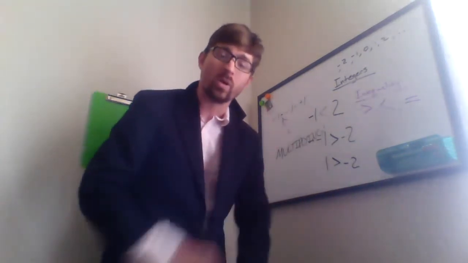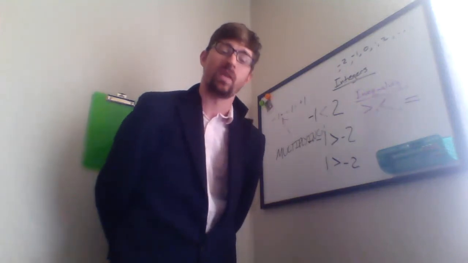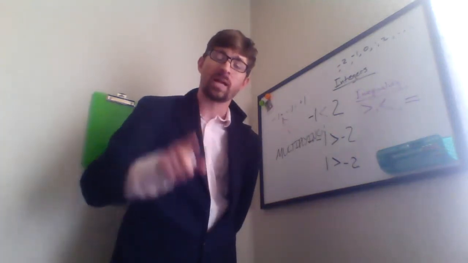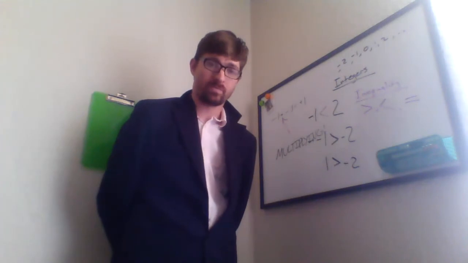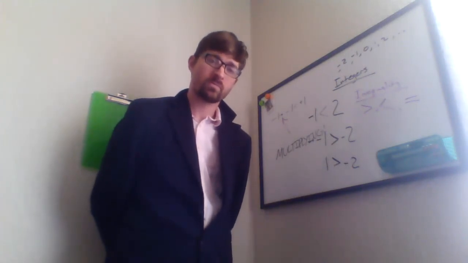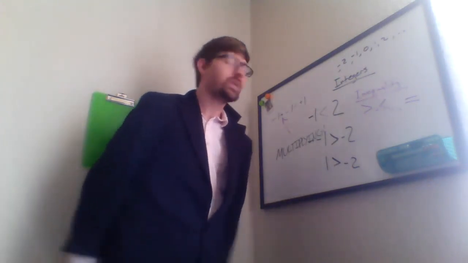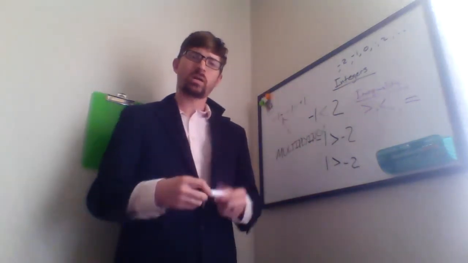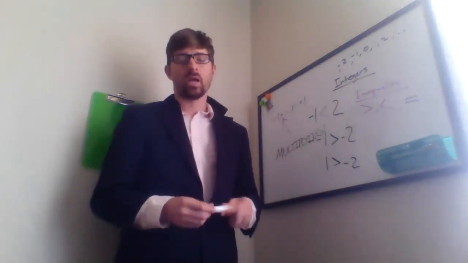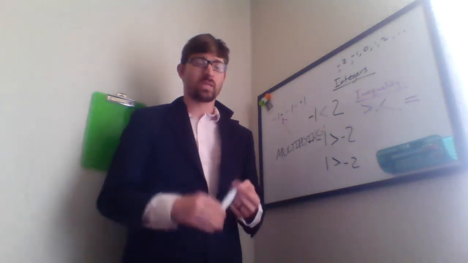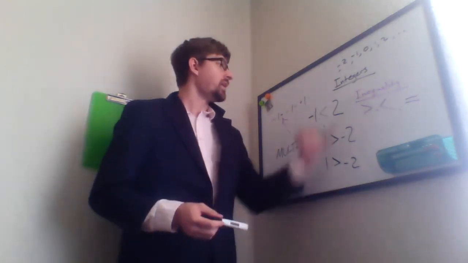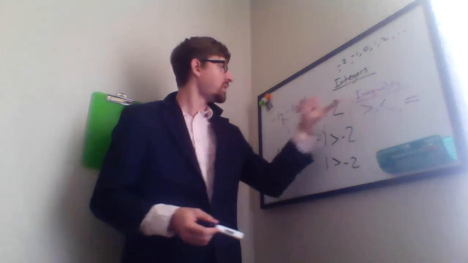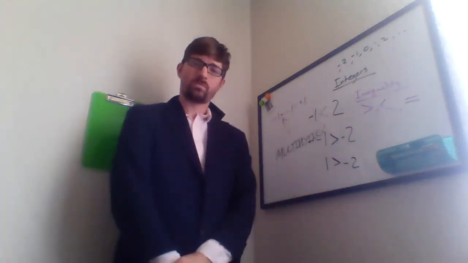That is how you change the sign of a number. You multiply it by a -1. Okay? So that is overall, and this will be the answer to some of your discussion questions that I'm hoping you will answer, involving inequalities and integers.